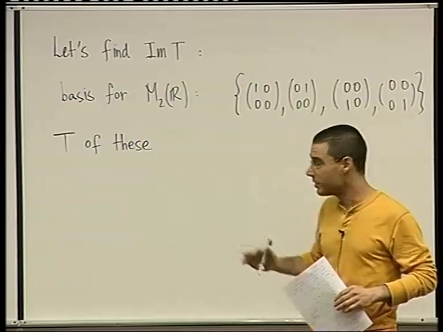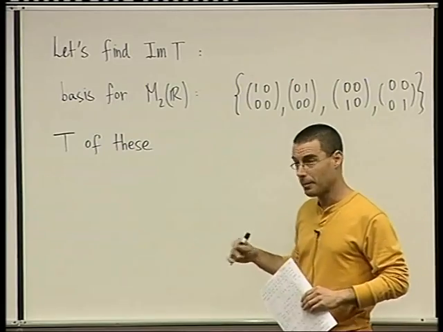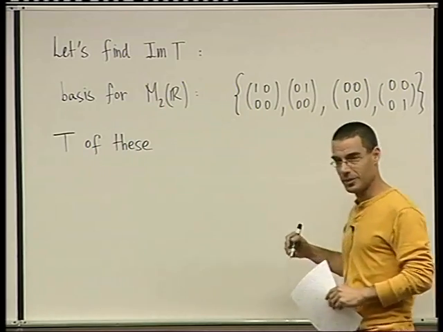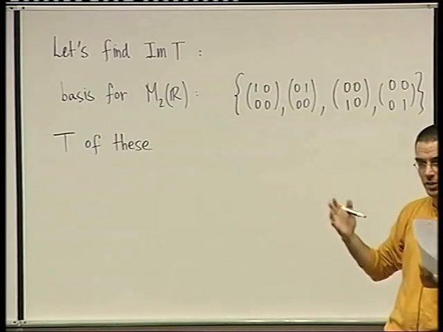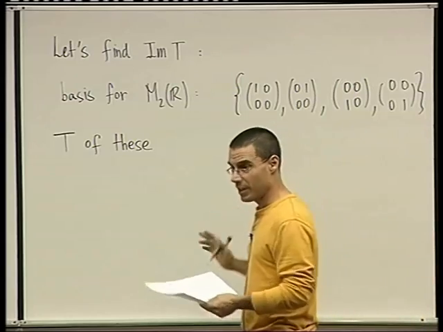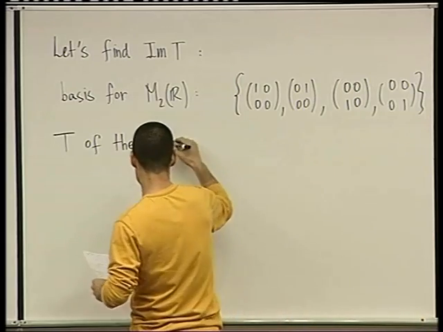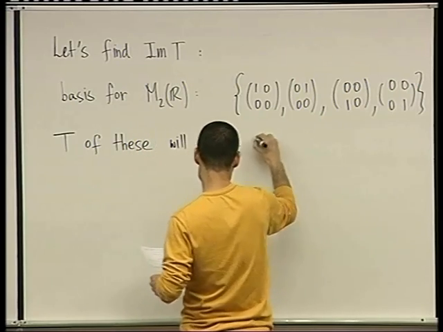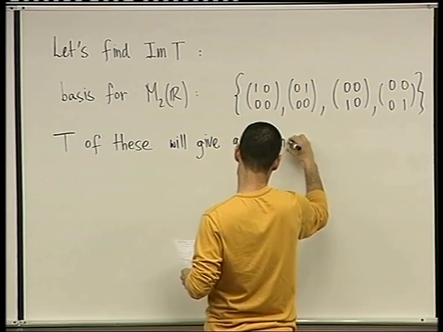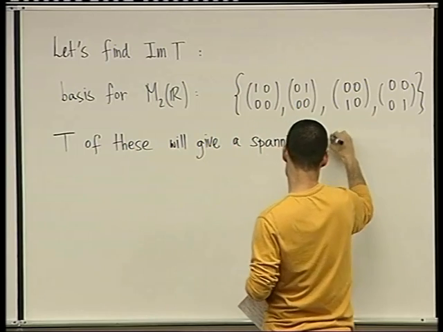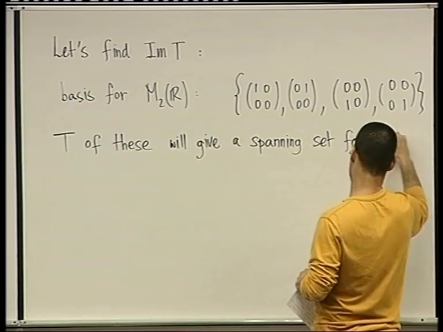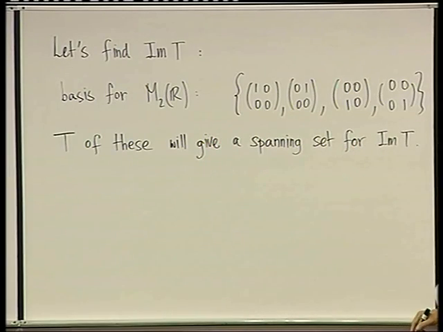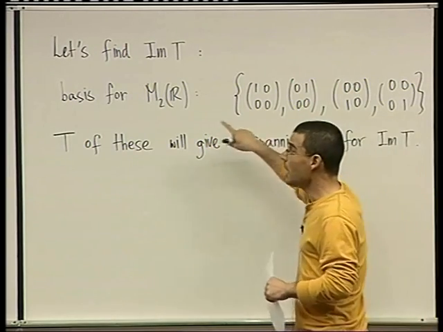T is not a verb, but I'm considering T as a verb here. T of these will give a spanning set for the image. That was the previous theorem. Do you agree?